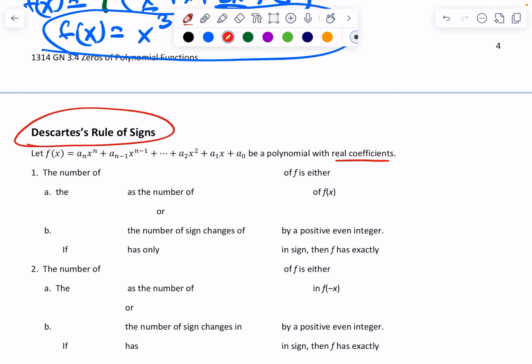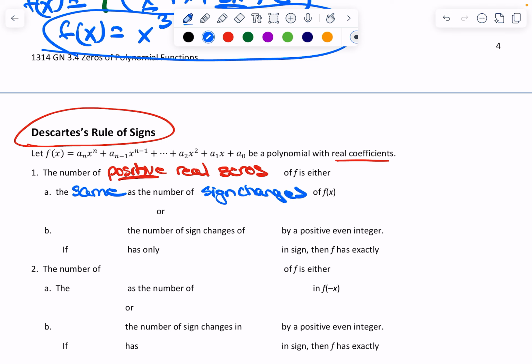So the number of positive real zeros of f is either the same as the number of sign changes of f of x, or less than the number of sign changes of f of x by a positive even integer.